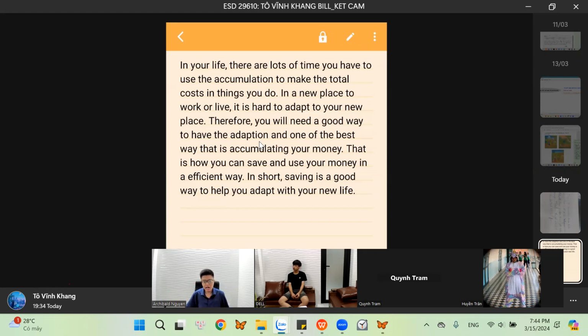Have the adaptation what? Have the adaptation skill. You will need a good way to have an adaptation skill, but what does it mean? No, you will need to have a good way for you to learn the adaptation skill.